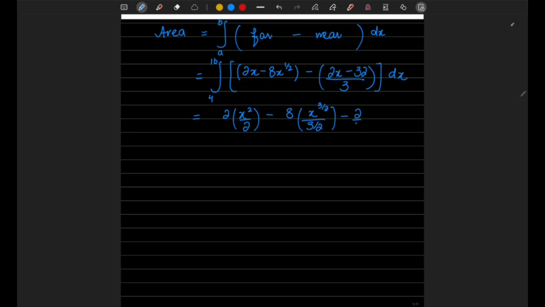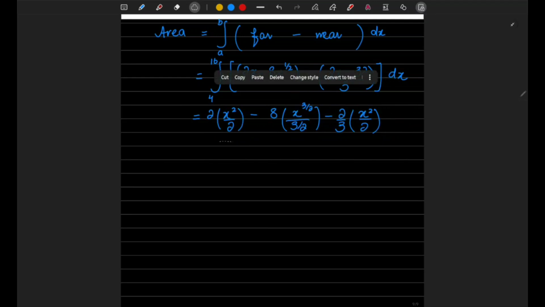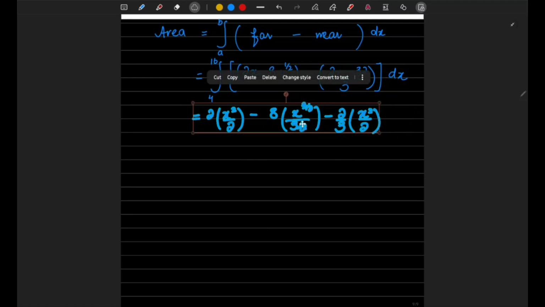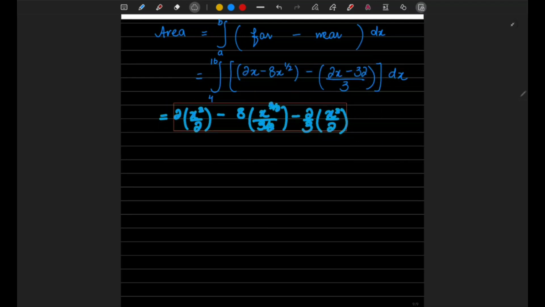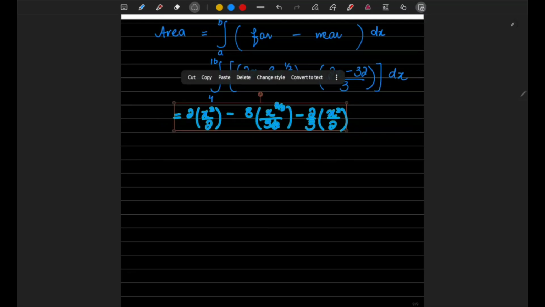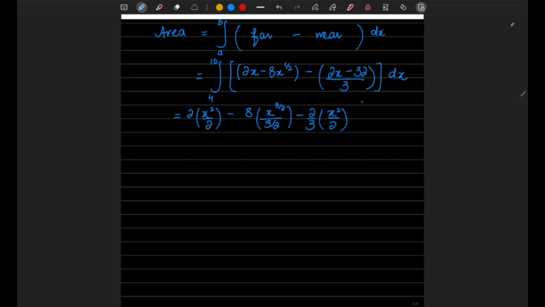then minus 2 over 3 times x square over 2, and lastly, minus minus becomes plus, plus 32 over 3 x.